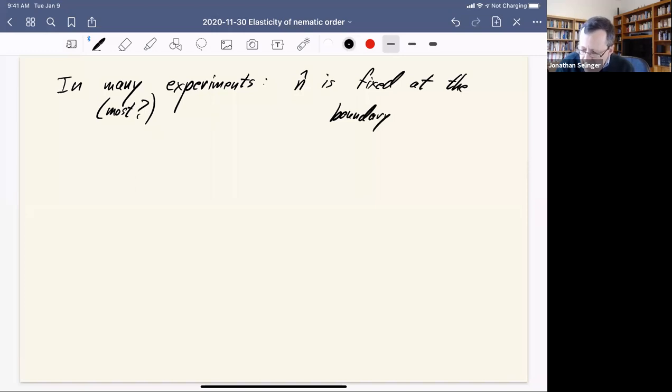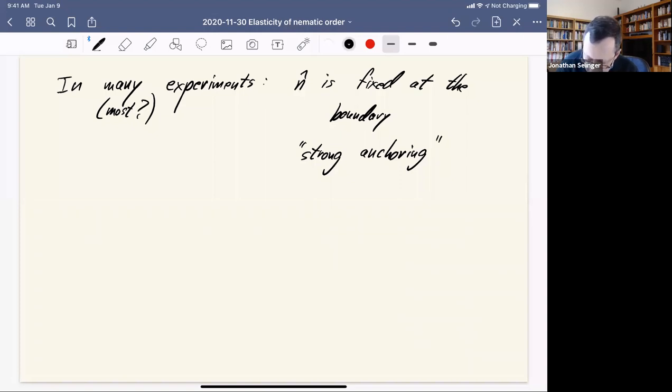The word for that will be strong anchoring. In many experiments, n is strongly anchored to a specific orientation everywhere on the boundary. It's only free to vary in the interior of the liquid crystal cell.